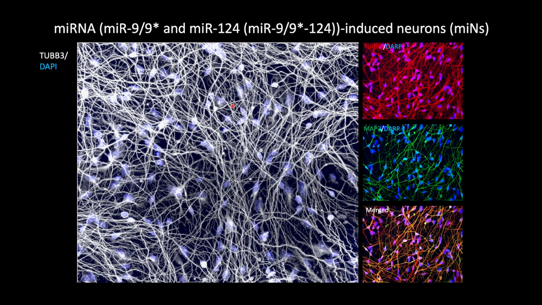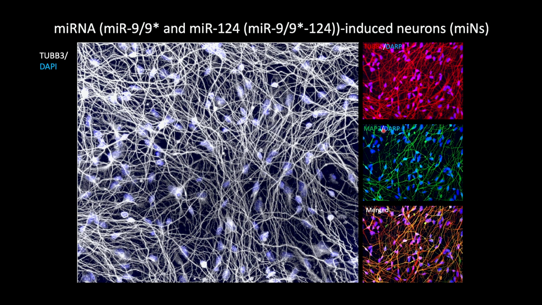They are post-mitotic, so immediately they come out of the cell cycle, and they basically morph into a different fate. They also start expressing the proteins that are expected to be expressed in neurons, pan-neuronal markers. These are the top three, and these are examples of MAP2.